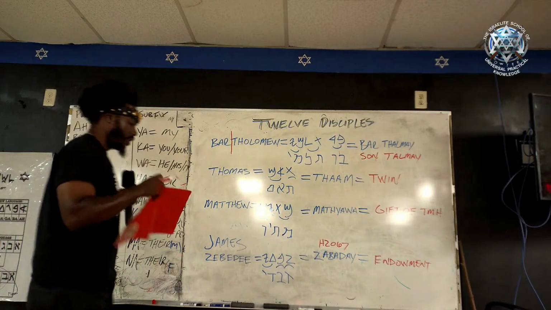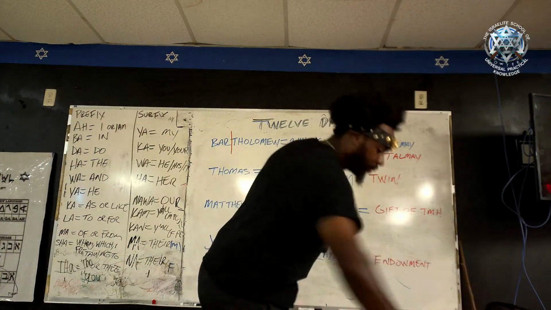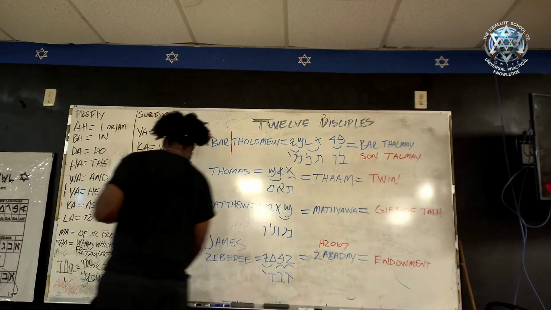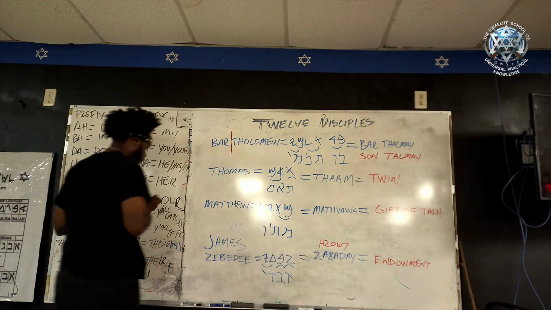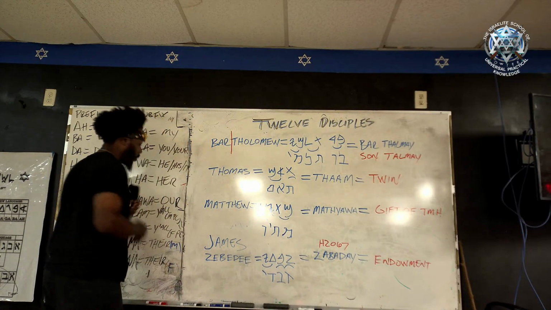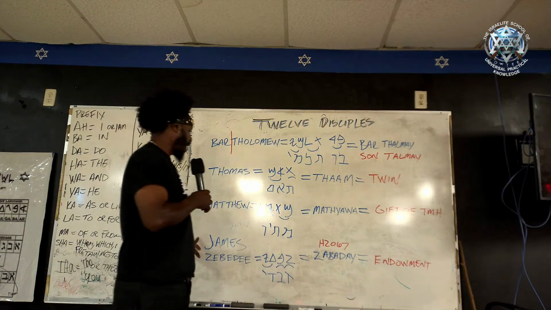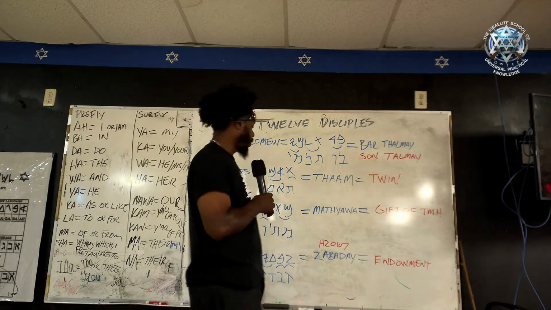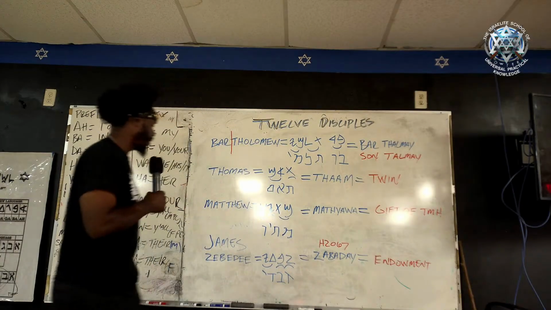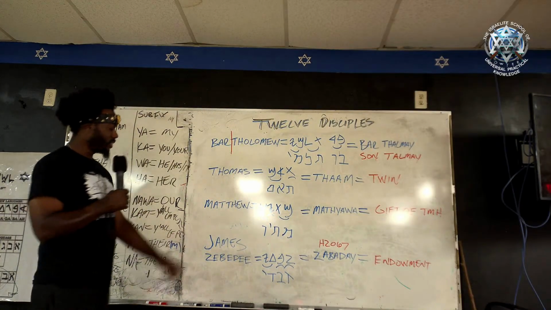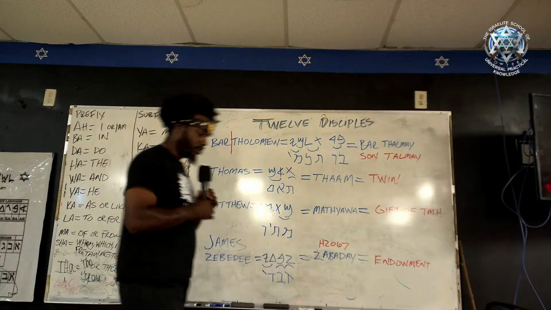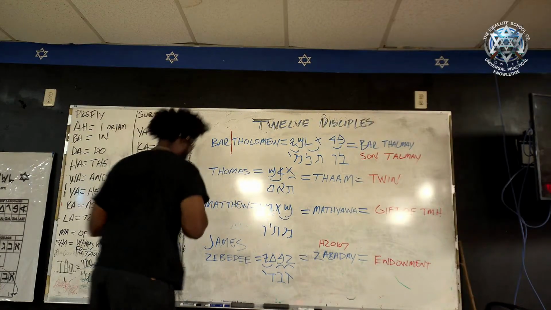H2067, right? So I didn't rewrite James because we already did that one already. So that's Yaquab Zebediah, right? James of Zebedee is Yaquab. I guess I'll write that and read it.